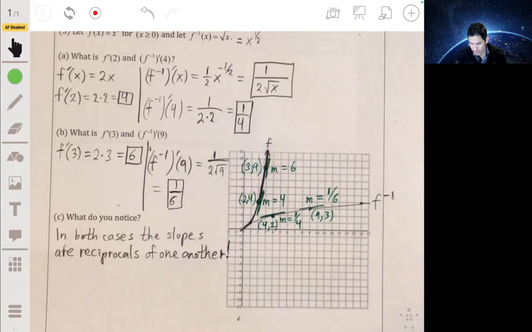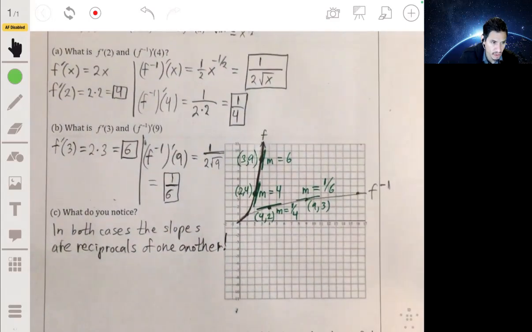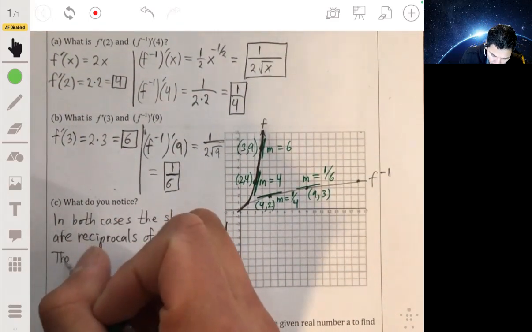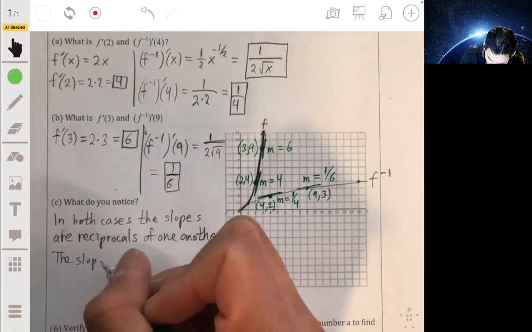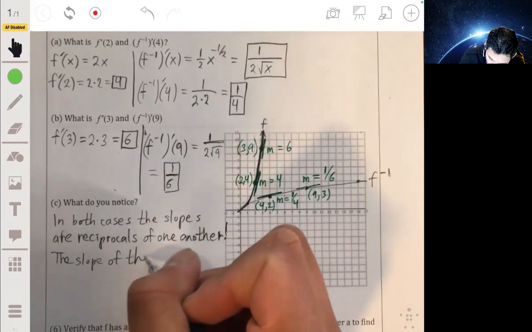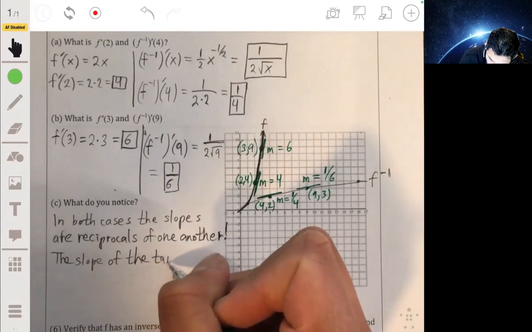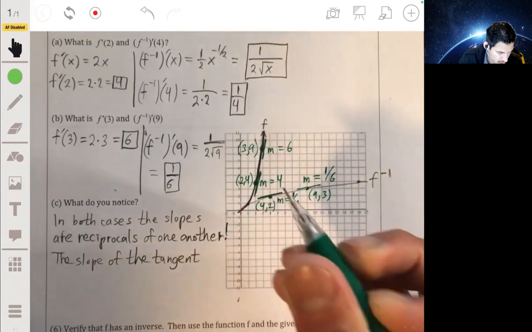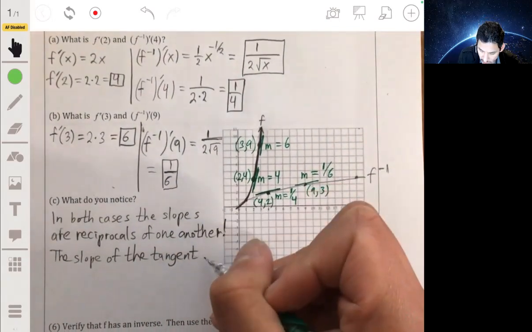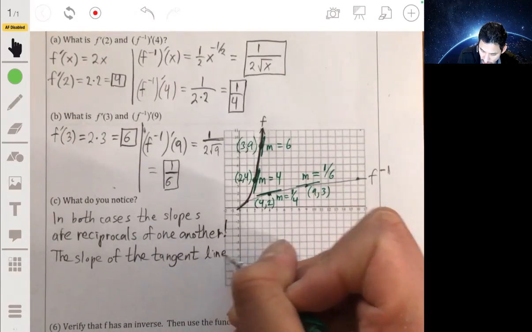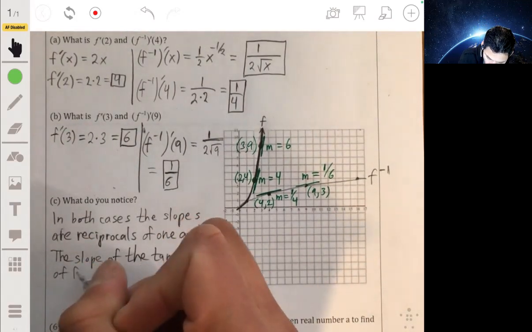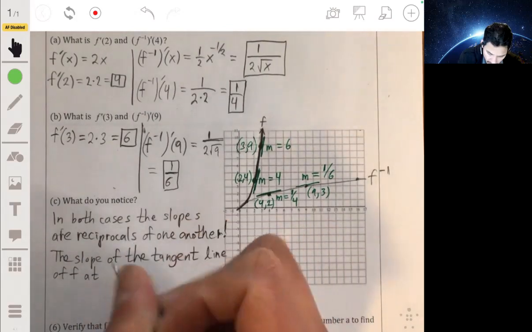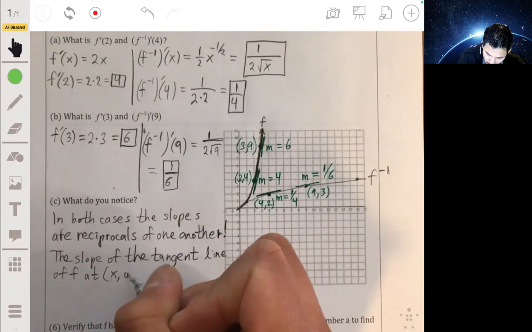So let's go ahead and summarize that. The slope of the tangent line of f at, let's pick a point, let's name it (x, y).